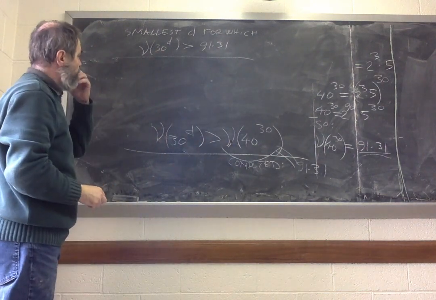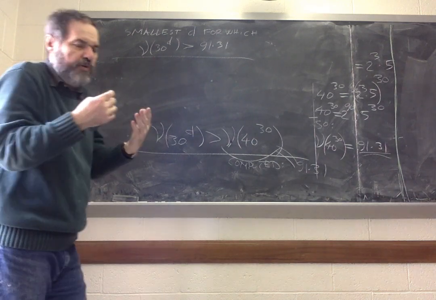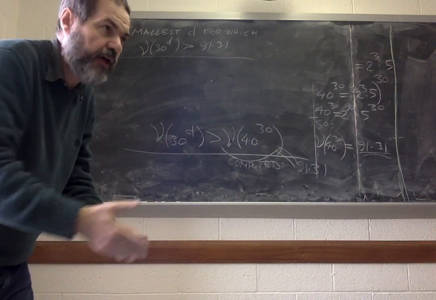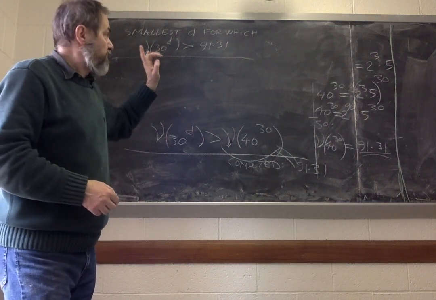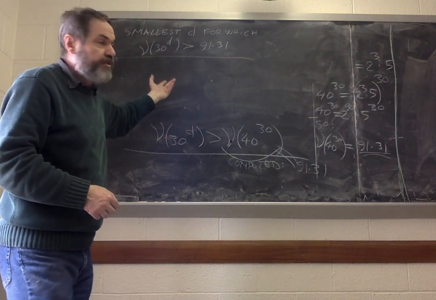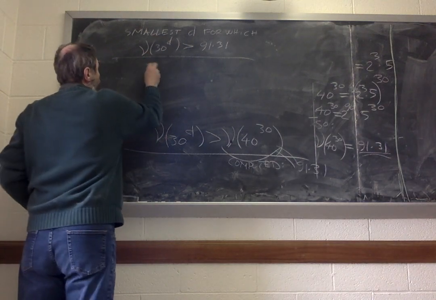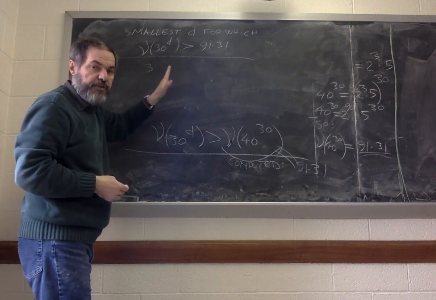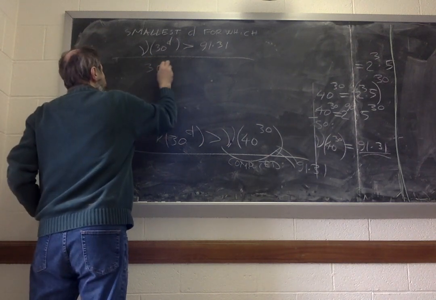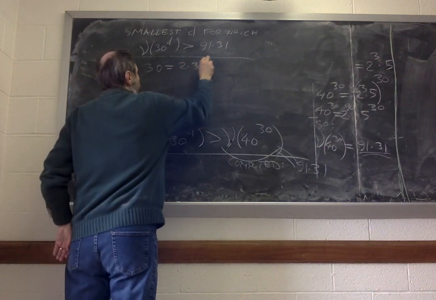How do I proceed? First of all, I know what I want. I want to be able to apply our theorem. So I need a prime factorization of this number. Start with the prime factorization of the base, 30. So I have 30 is equal to 2 times 3 times 5.